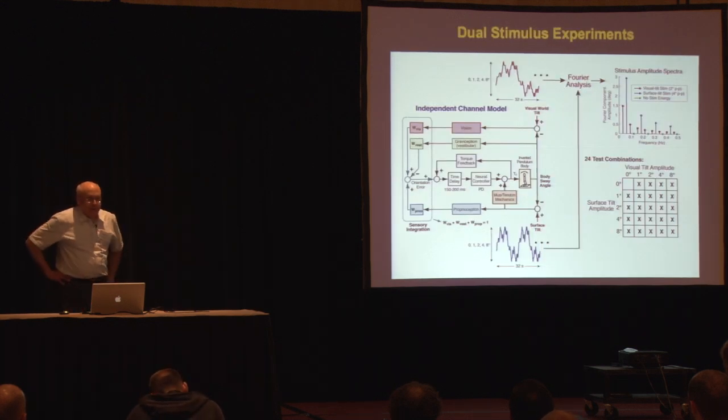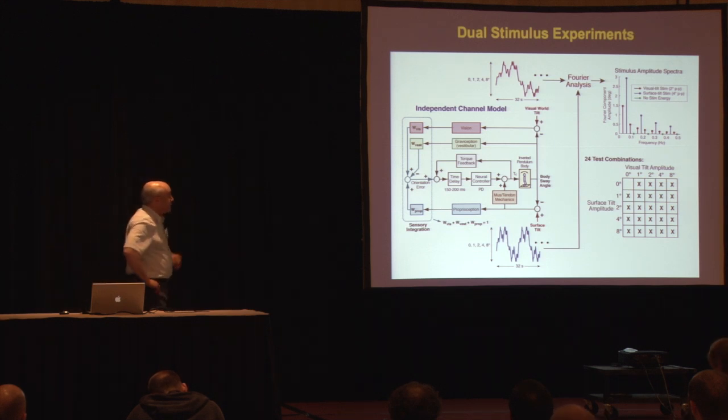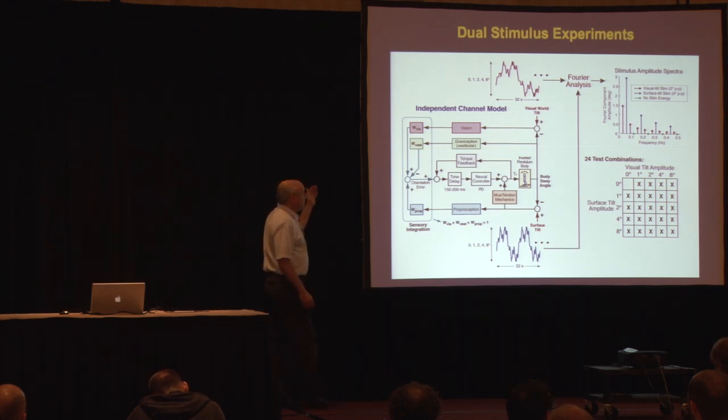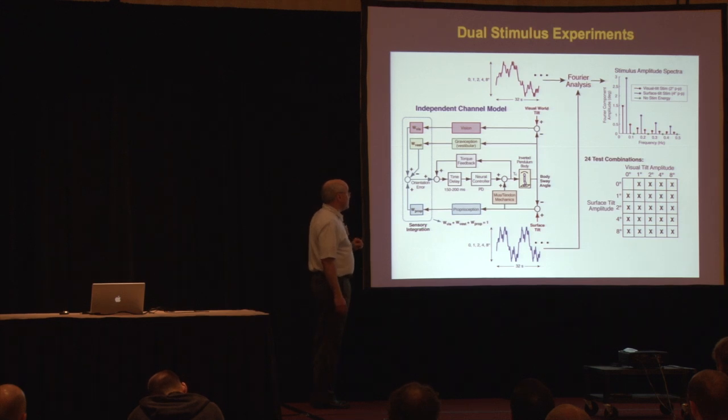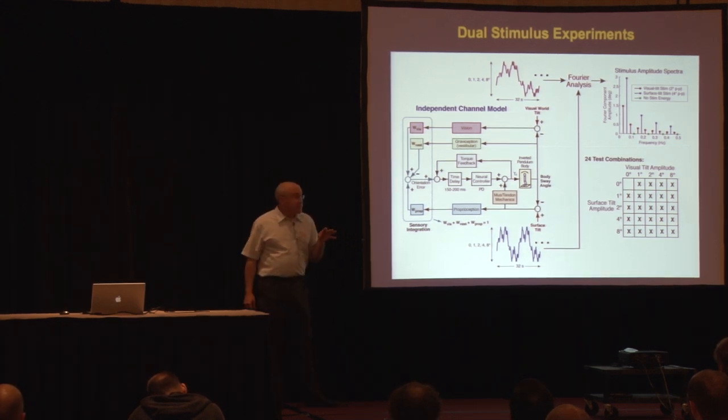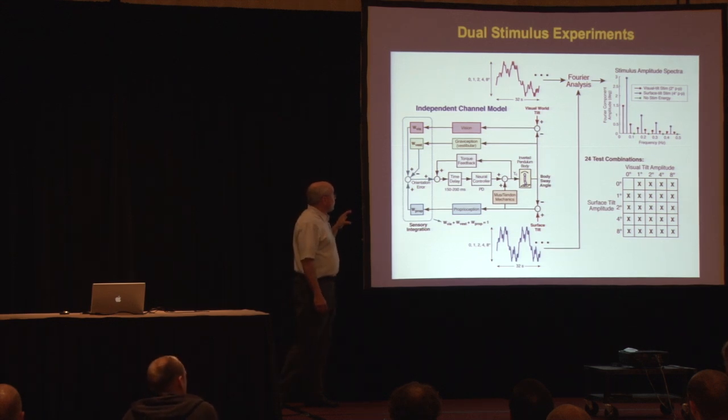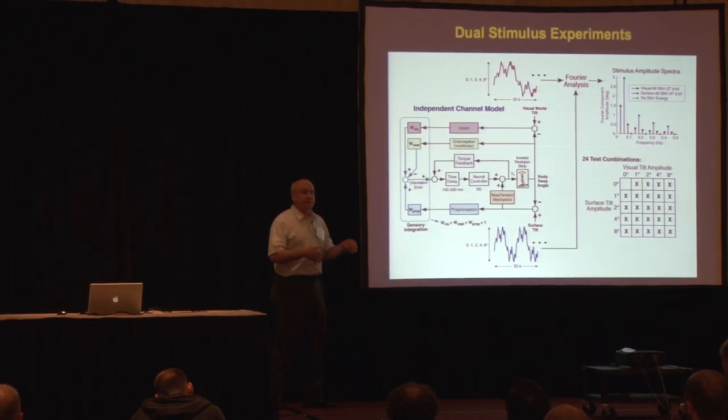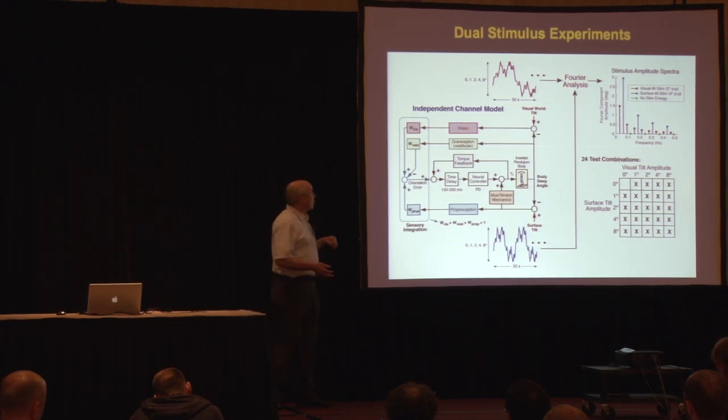So another test of this model was to do something a little bit more complicated. You have 2 inputs, vision and surface tilt proprioception, and the model is essentially linear. And with a linear model, you would expect superposition to hold.